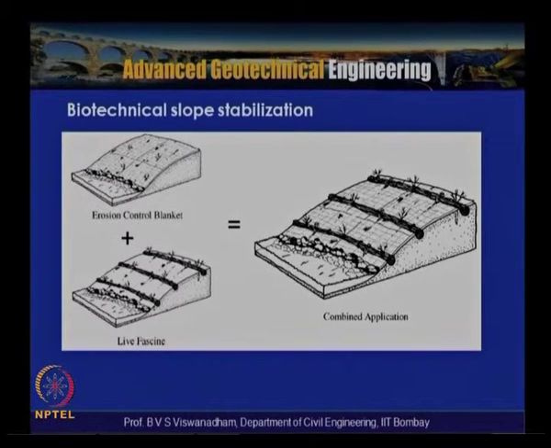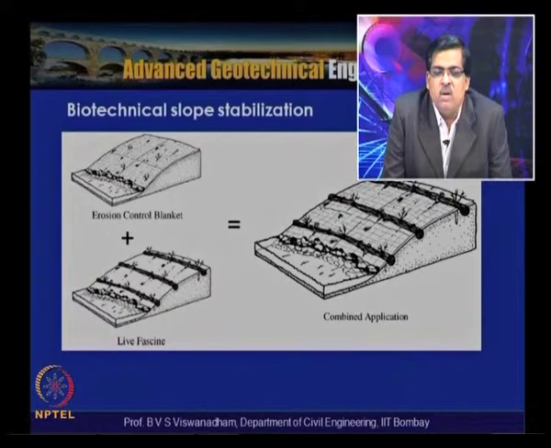the slope surface in a blanket form, and they are also attached to the slope surface in the form of pegging, and then live fascines were placed and planted, which helps the combined application, wherein both the erosion control blanket and live fascines help in maintaining the slope stable.